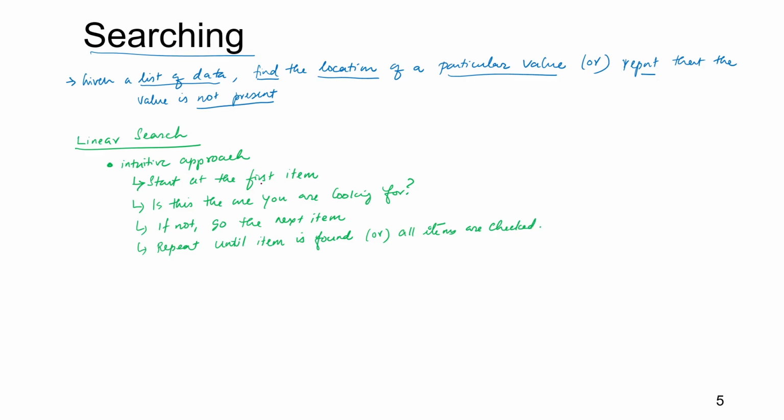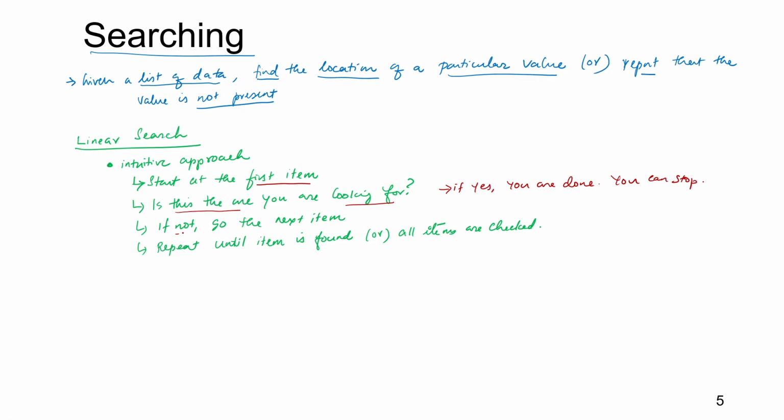So, this is the simple way of thinking about it, where you start with the initial item, then you check: is this the item you are looking for? If the answer is yes, then you are done. You can stop.